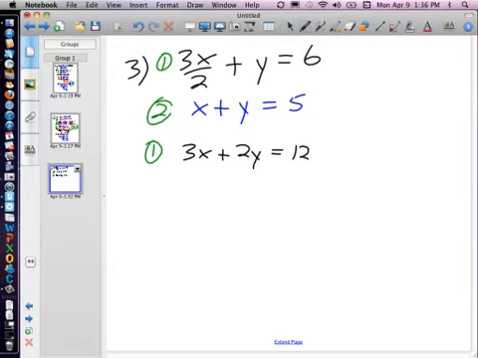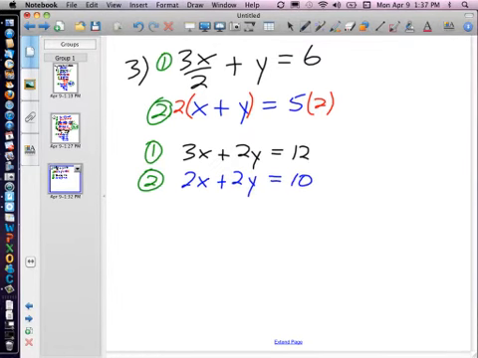So now in equation 2, we don't have any of the same coefficients as 3x and 2y, so if we just multiplied equation 2 by 2 or 3, why not 2, let's keep it smaller, we would get the proper coefficients. So now we're going to end up with 2x plus 2y equals 10.